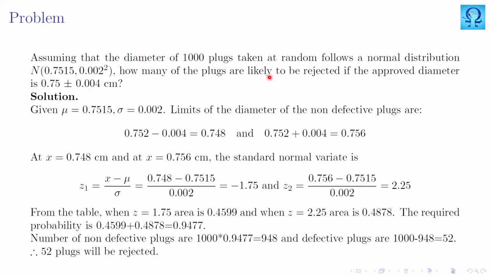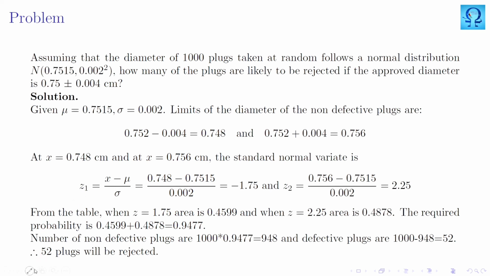How many plugs are likely to be rejected if the approved diameter is this quantity? So this is the limit that we accepted. If it is below this quantity or above this quantity, we just reject it. So from this we try to identify the accepted range.